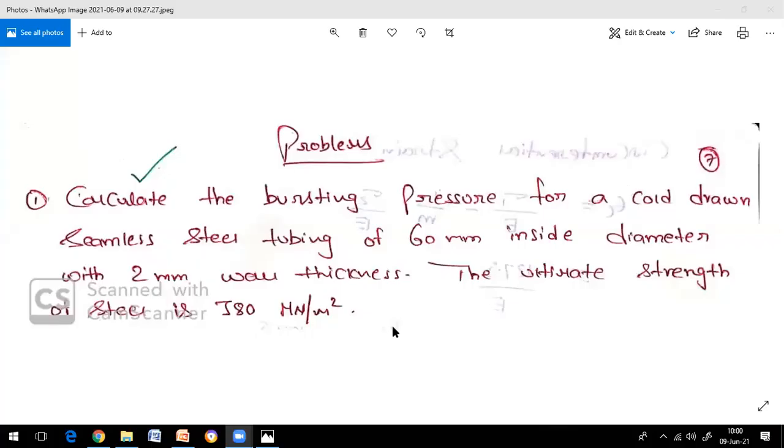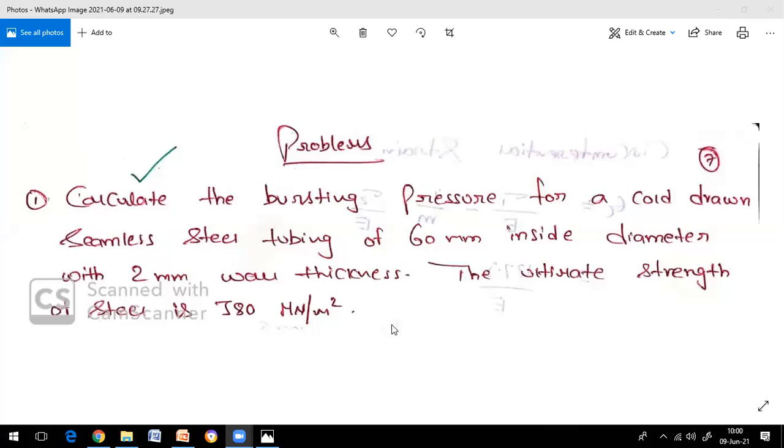I think I have shared the notes with you, but anyway. So is the problem visible?